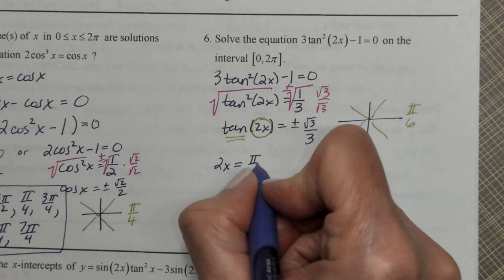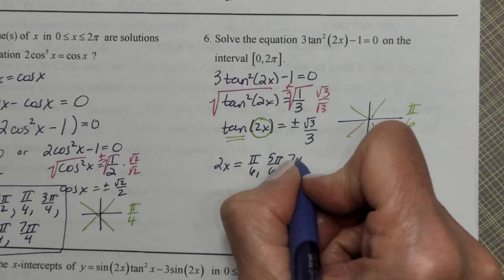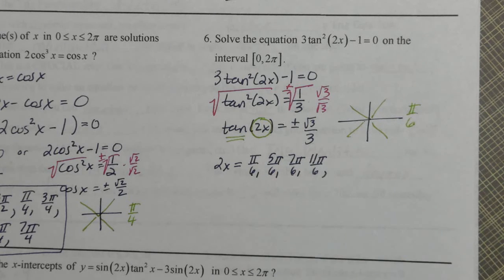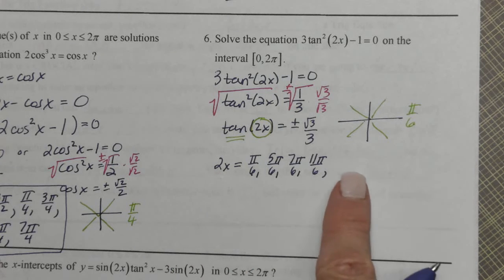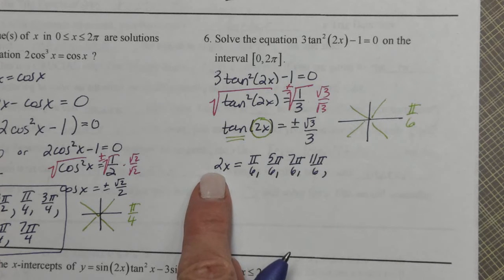So pi over 6, 5 pi over 6, 7 pi over 6, and 11 pi over 6. However, I put a comma because I have a 2x, which means I need double the number of answers here before I divide both sides by the 2, right?